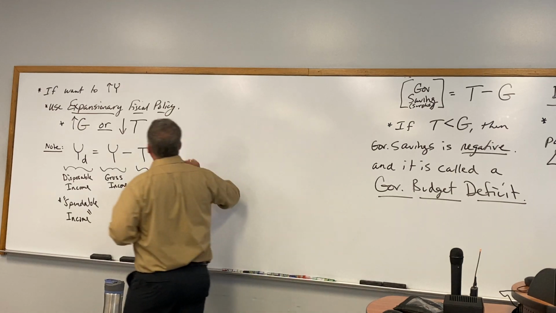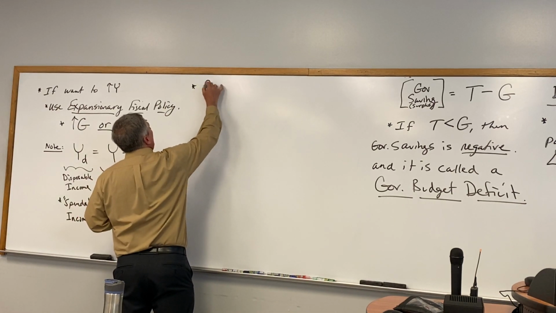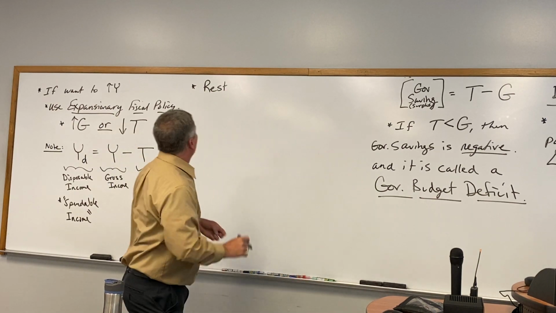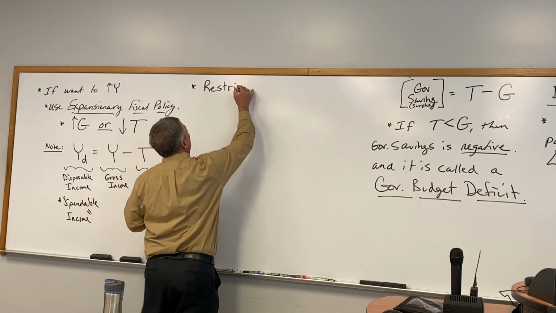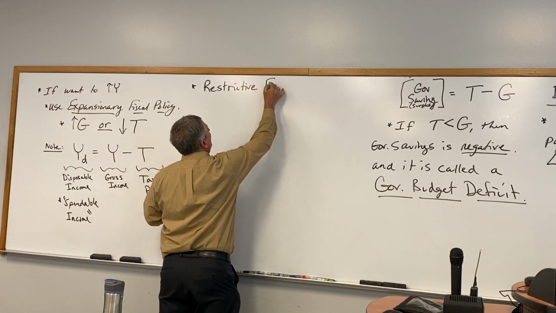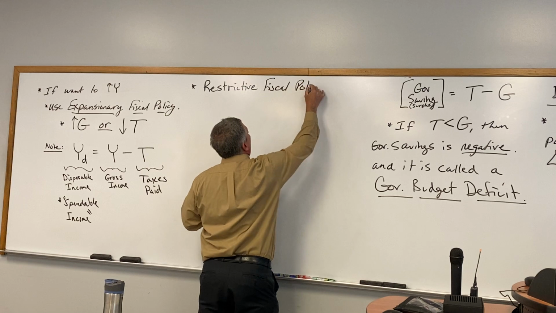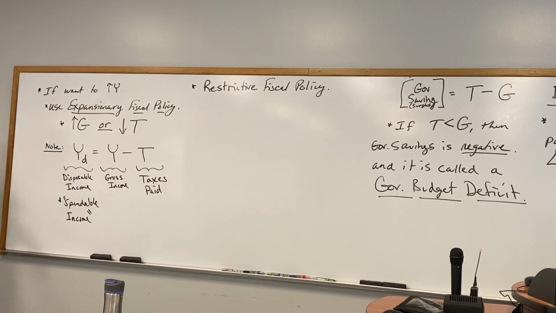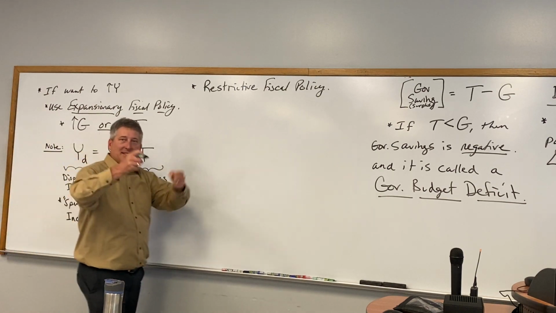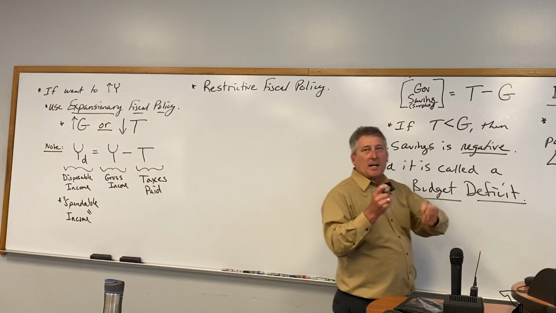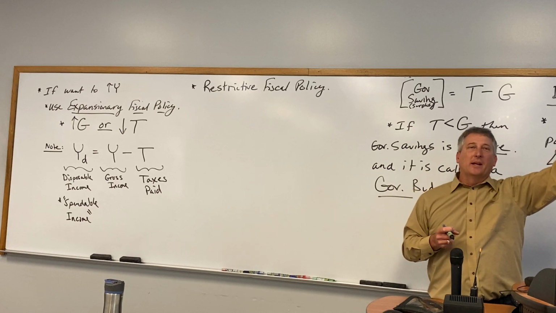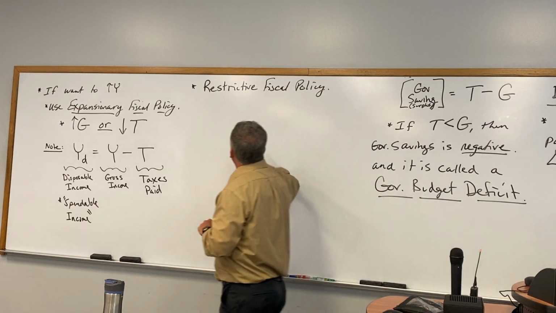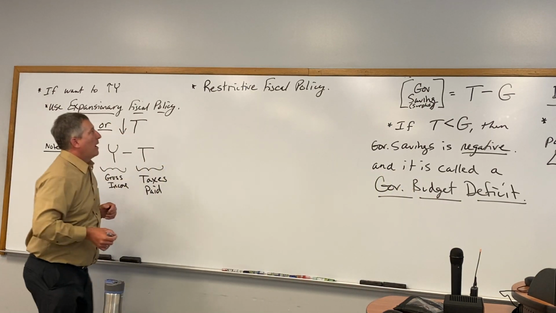Okay. So, restrictive fiscal policy. Now, as far as Keynes' idea of steering the economy, the economy looks like it's running a little hot, so let's tamp it down, right? So we're on one of our upswings, so we're going to use restrictive policy.